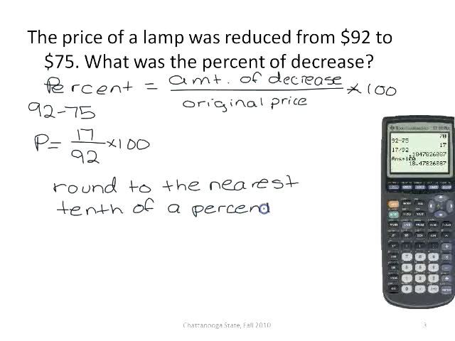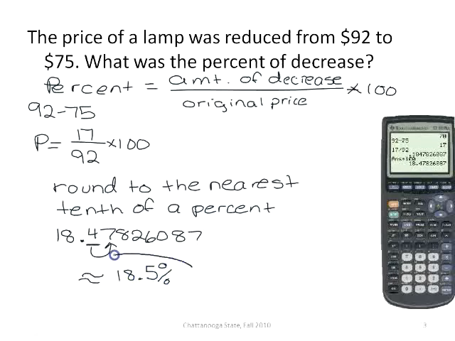So we change it into the percent form, which in this case is 18.47826087. And we look at the tenths column, which is the 4. The number after it tells us we have to round that up. So we would round this to 18.5%. So by buying that lamp on sale, you would be saving 18.5%.